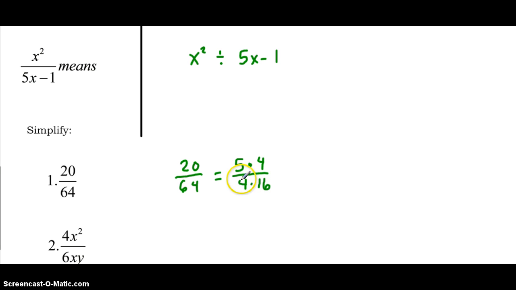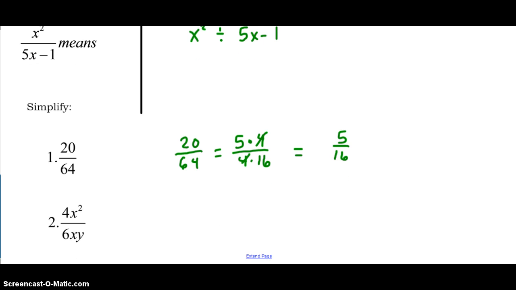So this is an equivalent statement. Now we can see they both have a common factor of 4, so we can cancel that 4, and we can simplify 20 over 64 as 5/16. We can do the same thing with our example number 2 here.